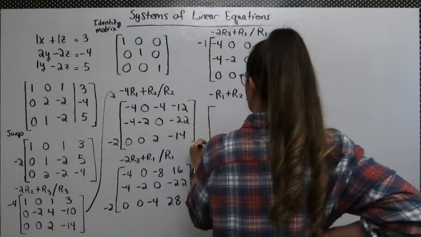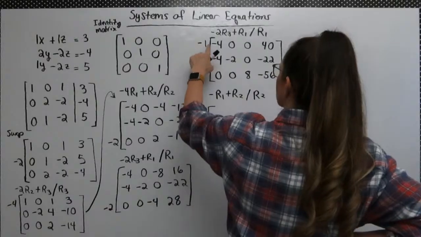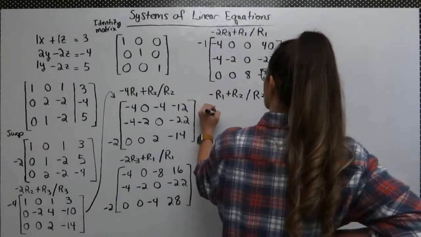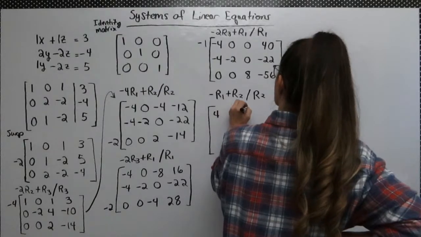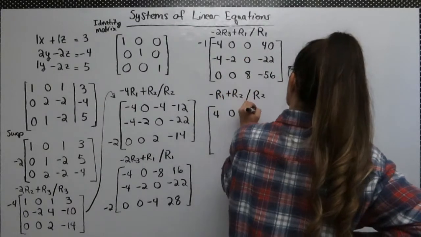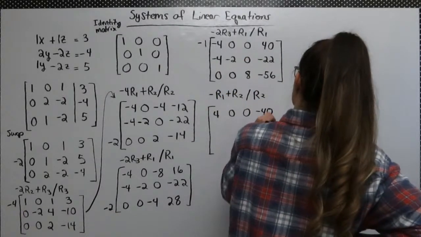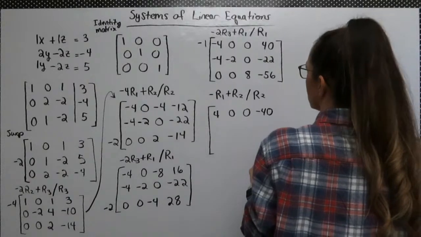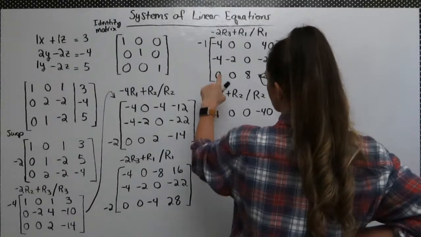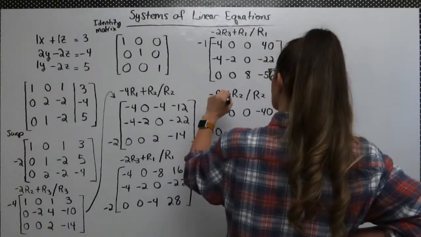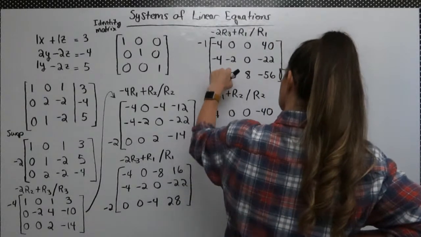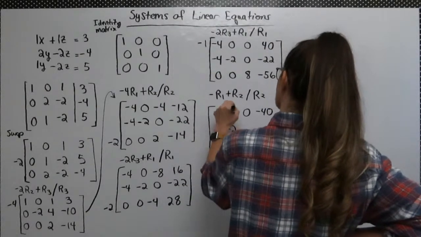All right, so we got it. So we got -1 times 4 is -4. -1 times 0 is 0. And then -1 times -40 is 40. And we're adding it to row 2. So we've got 4 minus 4 is 0. We have 0 minus 2 is -2.